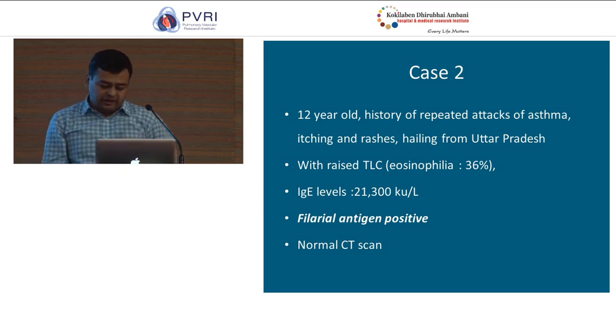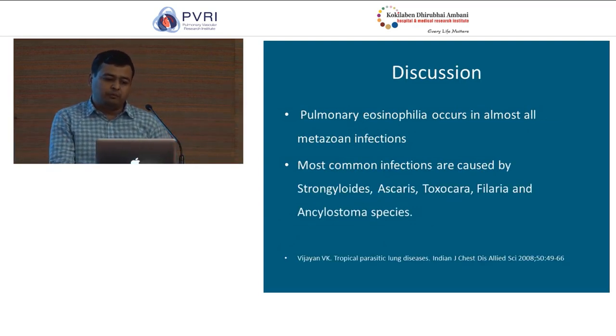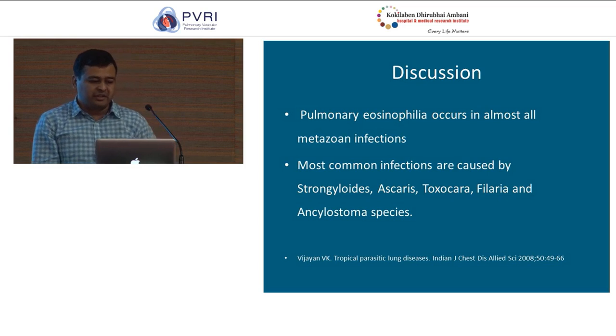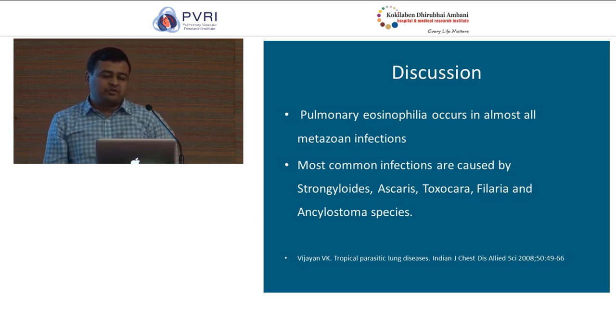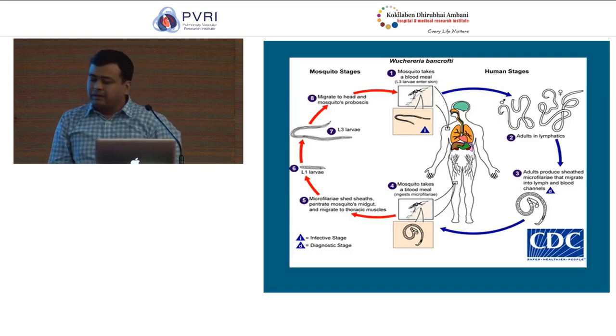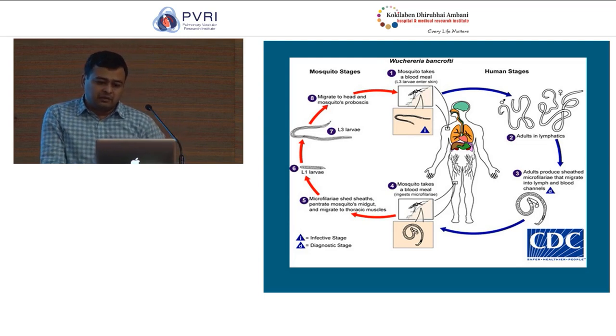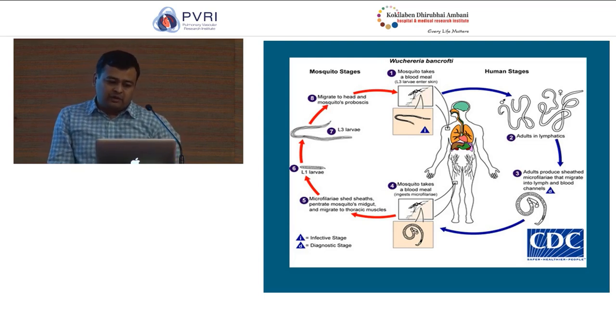We did a literature review, which showed that pulmonary eosinophilia occurs mostly secondary to metazoan infections, with the most common organisms being Strongyloides, Ascaris, Toxocara, Filaria, and Ankylostoma. But the cause for pulmonary hypertension has not been explained in human beings. We searched some more journals.